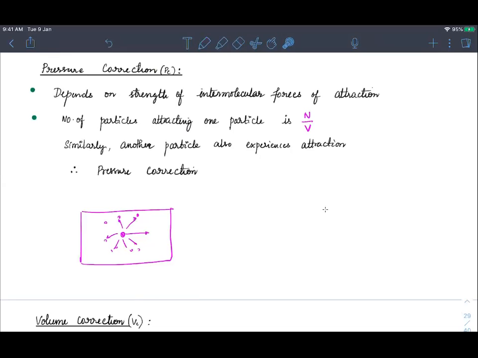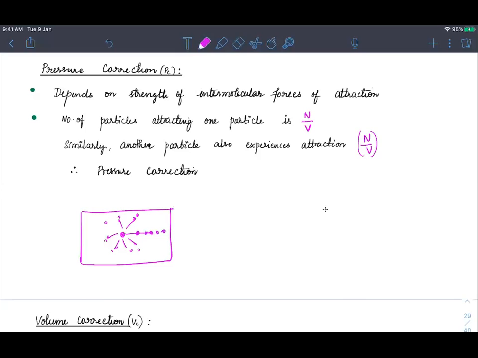And the particles coming in between the path of that particle will also decrease the pressure that it has to exert on the wall. So we have one more factor, n by v, molar volume, which is also going to decrease the pressure of that particle.